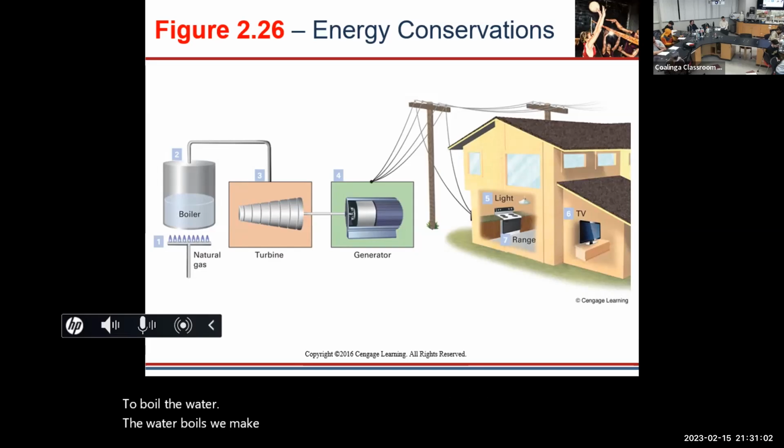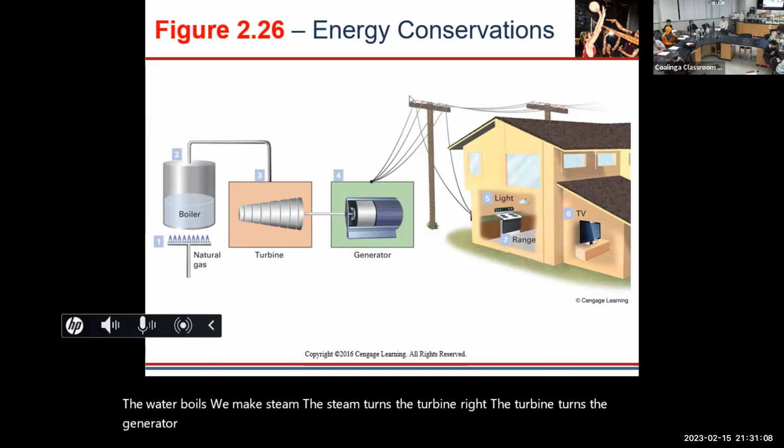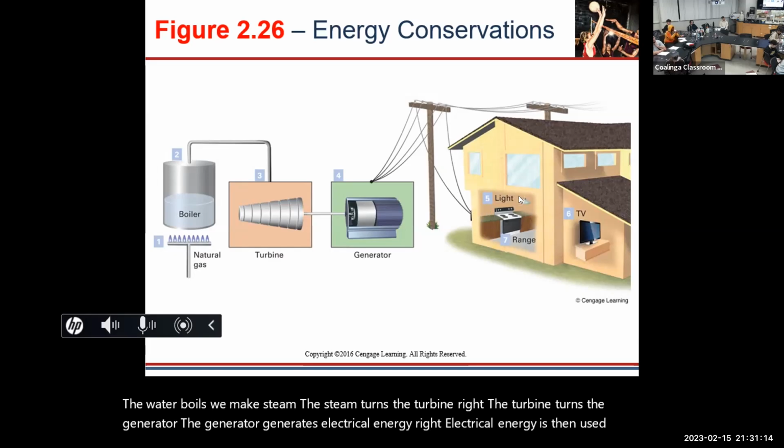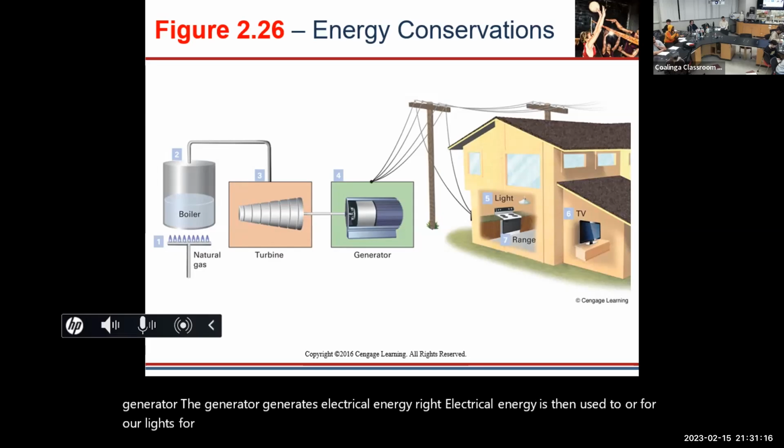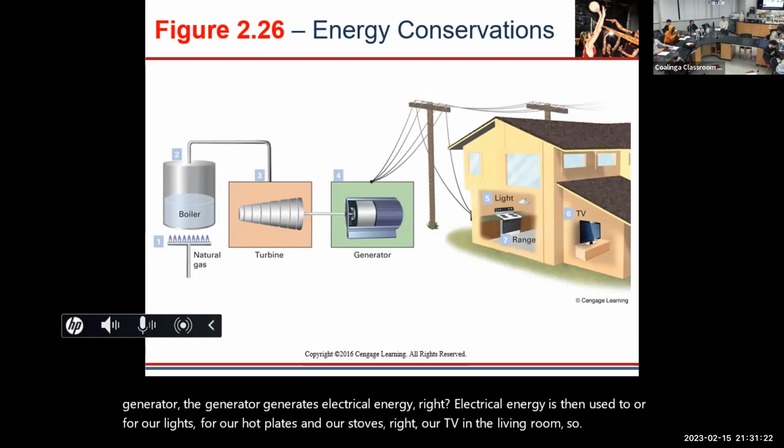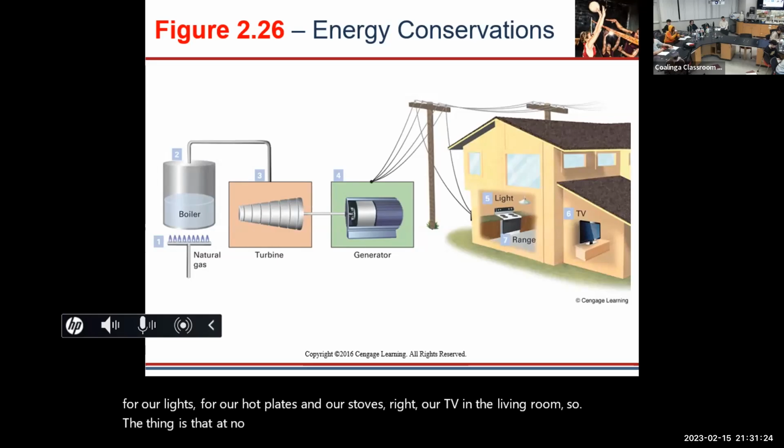The steam turns the turbine. The turbine turns the generator. The generator generates electrical energy. Electrical energy is then used for our lights, for our hot plates and our stoves, our TV in the living room. So the thing is that at no point did we just magically make energy. It was just changed from different forms.